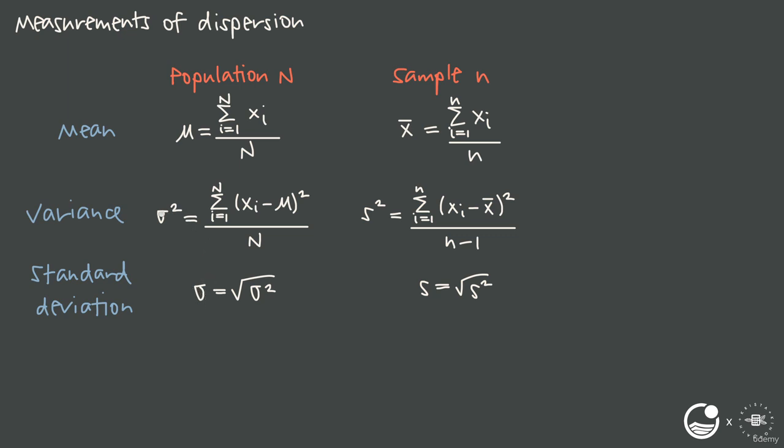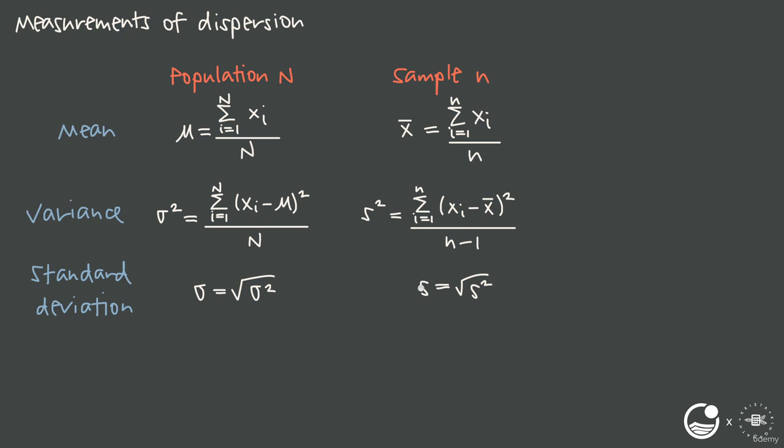So notice that variance for the population was sigma squared, but standard deviation for the population is just sigma. It is the square root of sigma squared. So to find standard deviation, we just take the square root of sigma squared, which of course is variance. So we could also replace this sigma squared value underneath the square root with the entire right-hand side of this population variance formula. That would give us another formula for standard deviation.